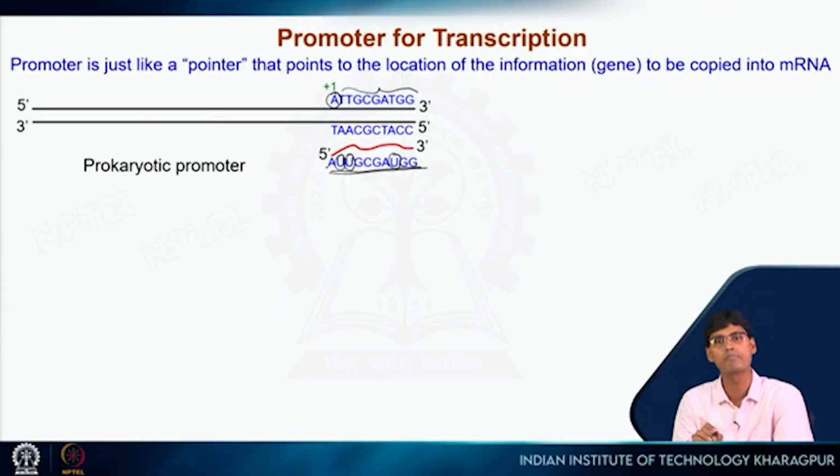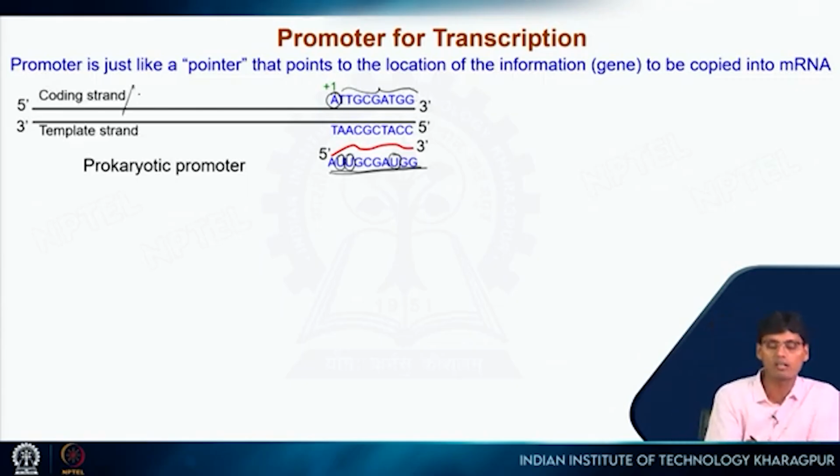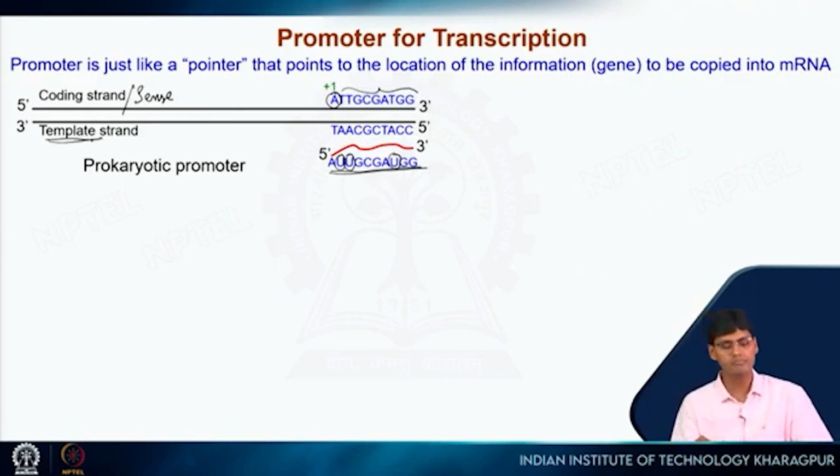Otherwise, exactly the same. So this strand, the top strand here, we would say is the coding strand or sense strand. Whatever information is present, we are directly writing this information in RNA. That's why this is the coding strand. And in order to do that, we use this bottom strand as the template strand. Sometimes we also call it the non-coding strand.